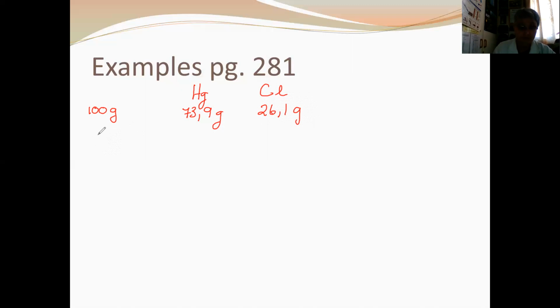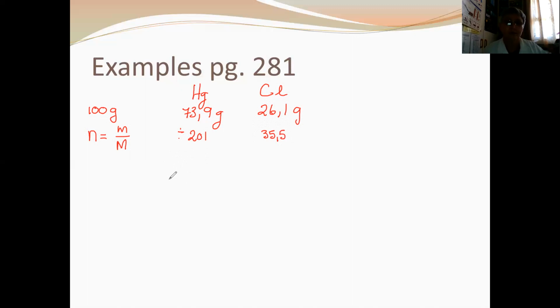In chemistry, the ratios that are the most important would be the mole ratio. So the mole ratio would be determined by taking the mass of the element and dividing it by the molar mass. For mercury, the molar mass is 201, and for chlorine, the molar mass is 35.5.